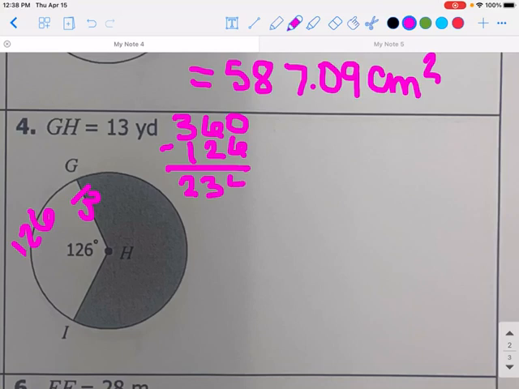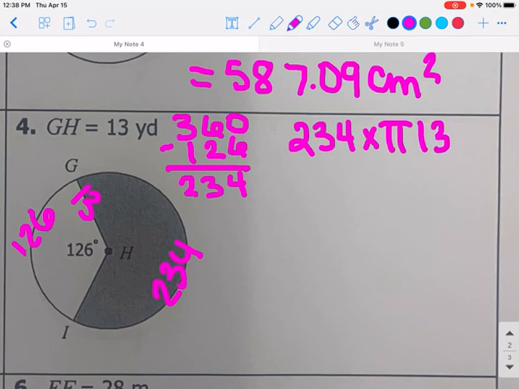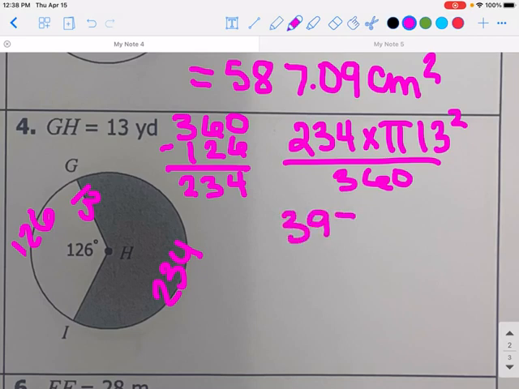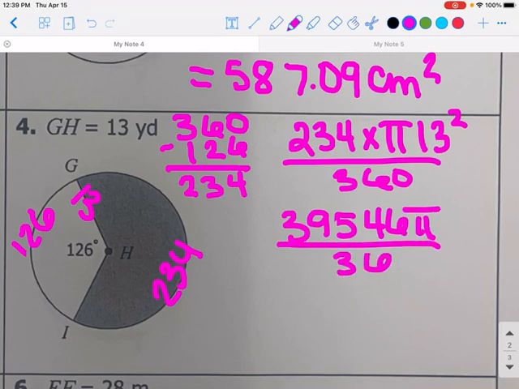So 234 is the arc I want, since that represents my shaded portion. And pi radius squared still happens all over 360. 39,546 pi all over 360, and that comes out to 345.1 yards squared.